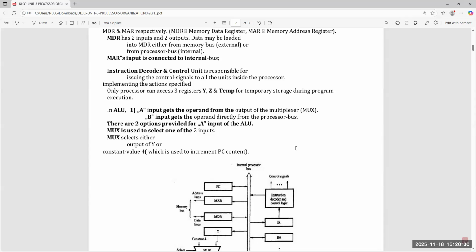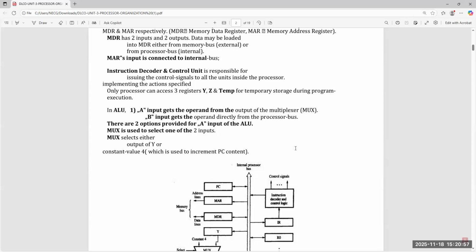Now, the instruction decoder and control logic is on the other side. We have the instruction decoder and control logic unit. It is responsible for issuing control signals to all the units inside the processor.